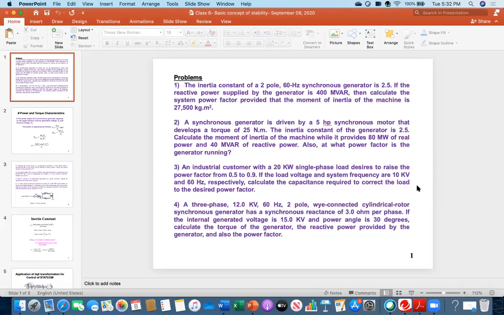As you can see, we were discussing these numerical problems, so we will continue. I think you all were done with number 1 last time, and the answer was 0.858. How about number 2? Were you able to complete number 2, everybody?